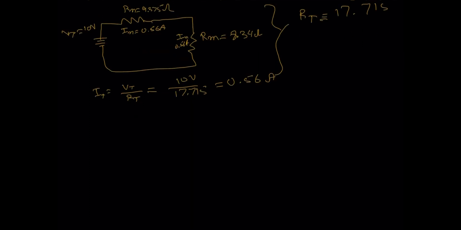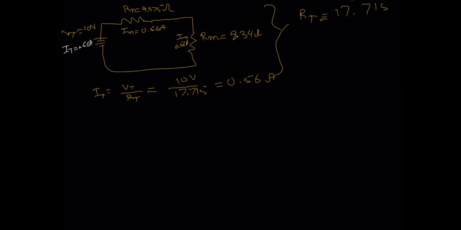So we got IT as 0.56 amp, and we got IN, the current in this resistor, which is the combination of R1 and R2, and we got a current in this resistor, which is itself a combination of R3 and R4.